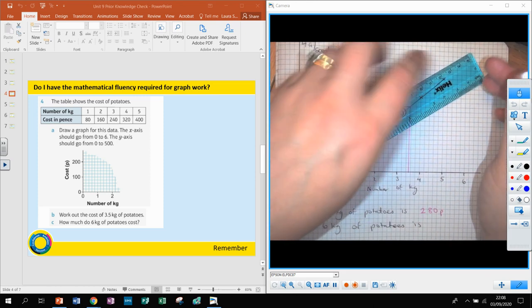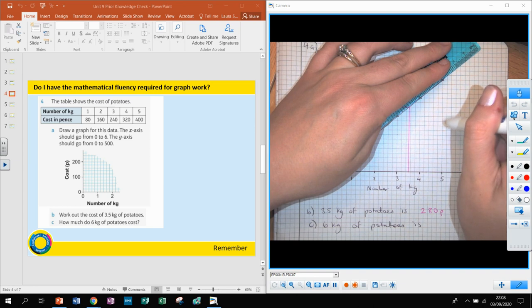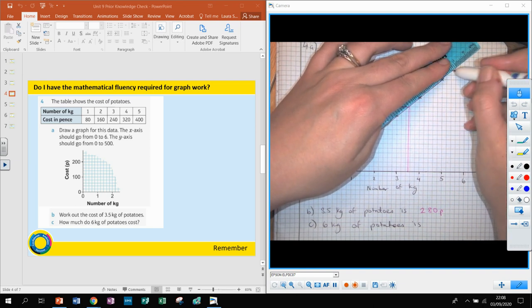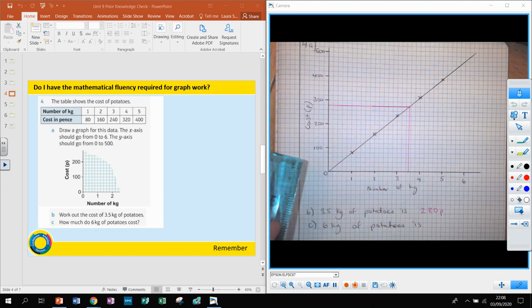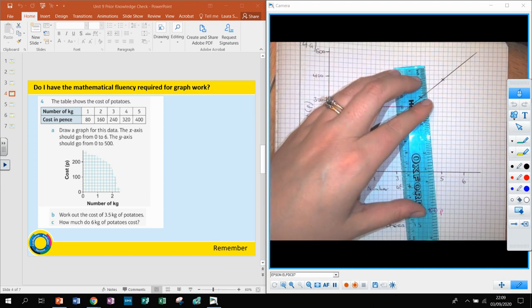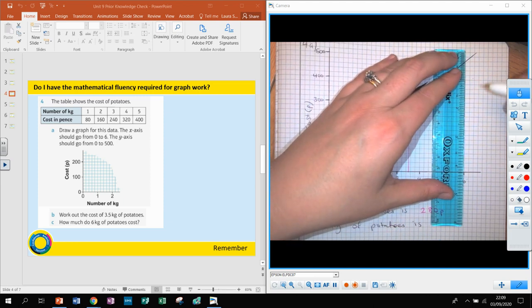So I can extend this, and it's still valid because it is a direct relationship. If it wasn't, this prediction would not be allowed. But in this case, I can tell that actually 6 kilograms, and again, I would be showing this, use blue for this one.